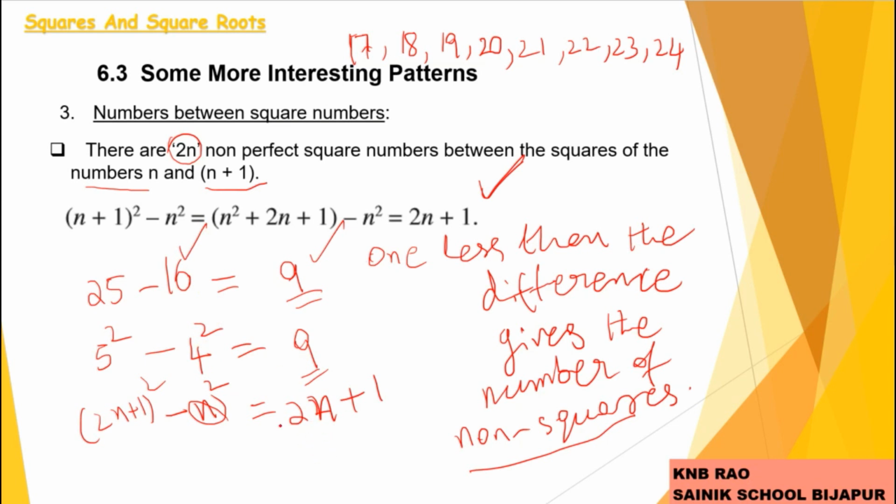So (n plus 1) whole square minus n square gives 2n plus 1. Therefore we have got 2n non-square numbers.